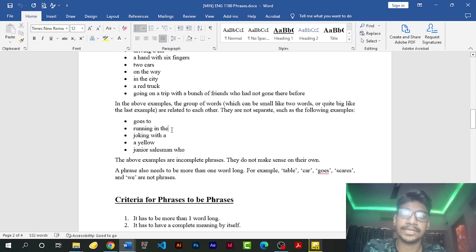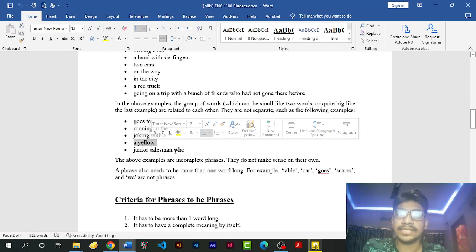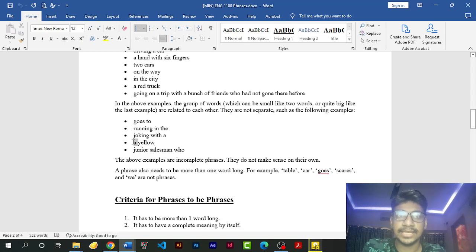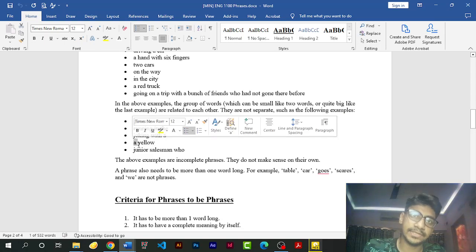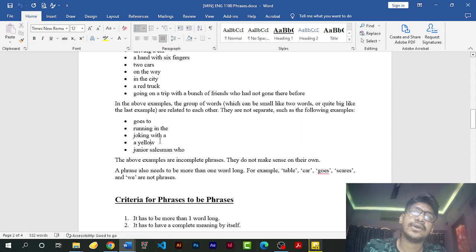So it's not complete. Joking with a, so the fourth example, a yellow. If it was just yellow, then it would make sense, because there is no need for a noun after yellow. But if the article a is there, then there needs to be a noun or a noun phrase. It could be a yellow car, a yellow toy, a yellow building.